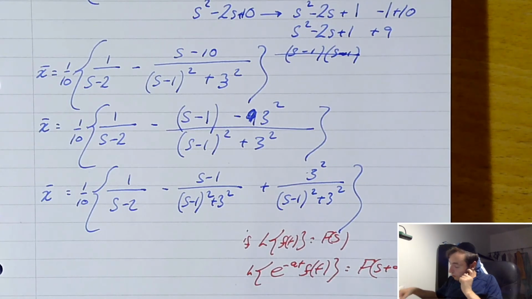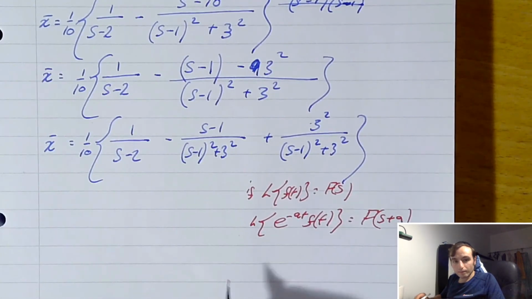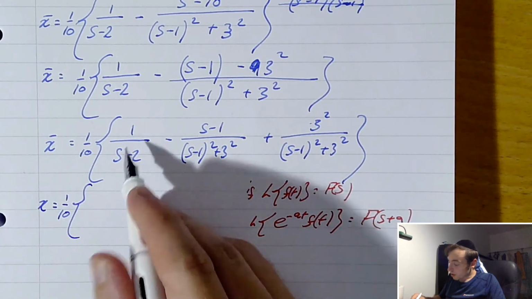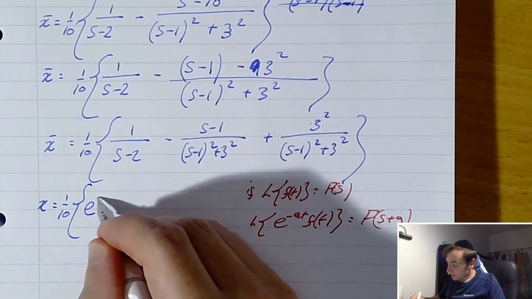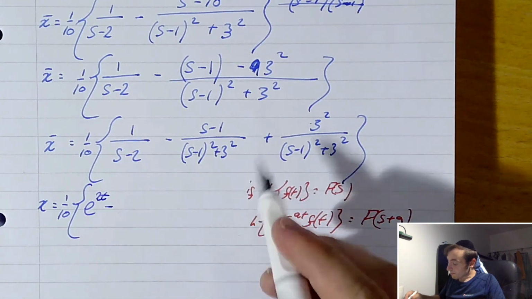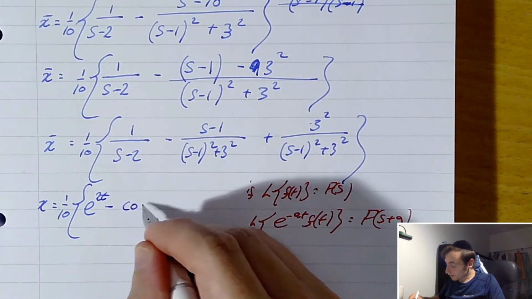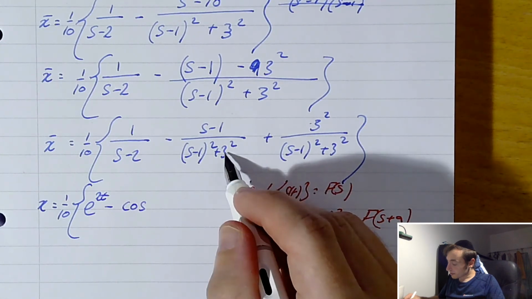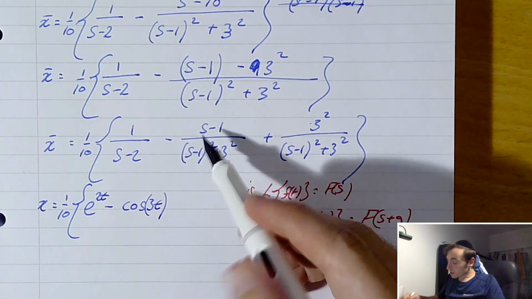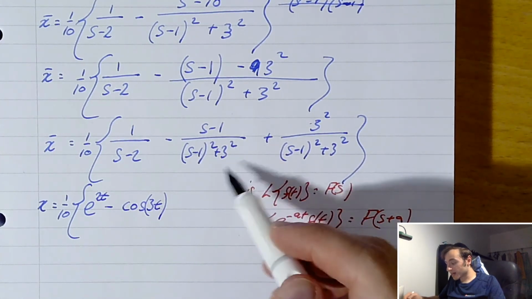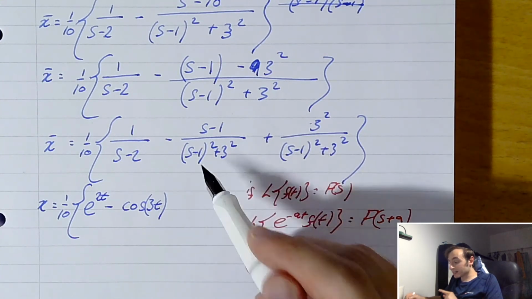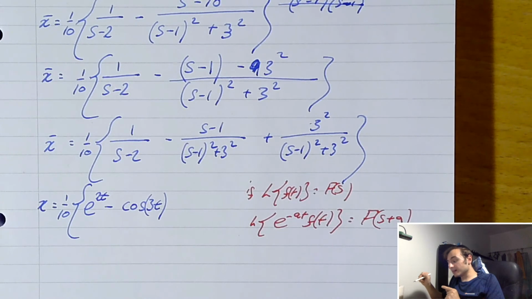So what we can do is bring this down, and we can say that x now equals 1/10 of 1 on s minus 2, well, we know that, it's an easy one. That's going to be e to the 2t, minus, let's just write the cosine function in first, cosine at, and the a here is going to be 3. Because remember, if it was just s on s squared plus 3 squared, you'd say, oh yes, I know, that's cosine 3t, because s on s squared plus a squared is the Laplace transform of cosine at.